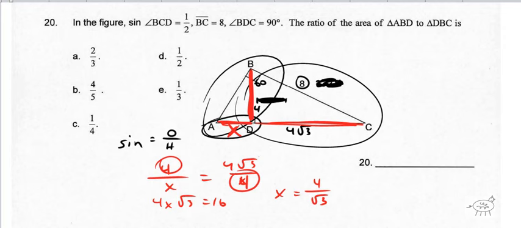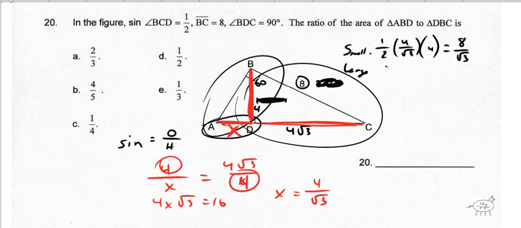Let's change my color back to this one. So it's 1/2, this is from the small triangle, 1/2 base, which is 4 over root 3, times height. And that's going to give us 2 over root 3, so 8 over root 3.